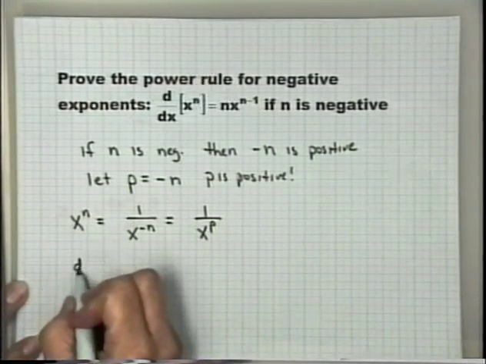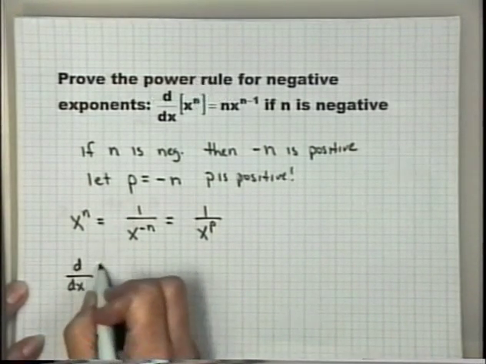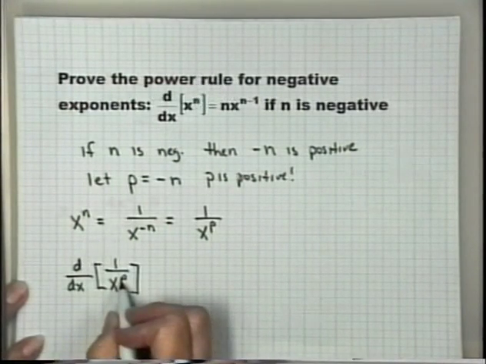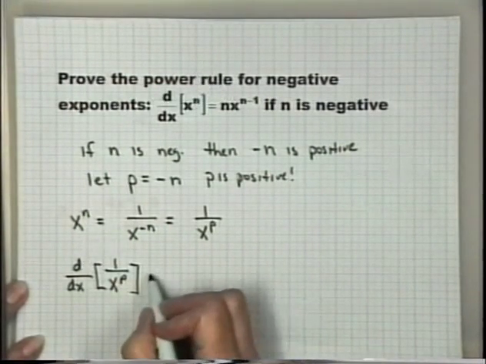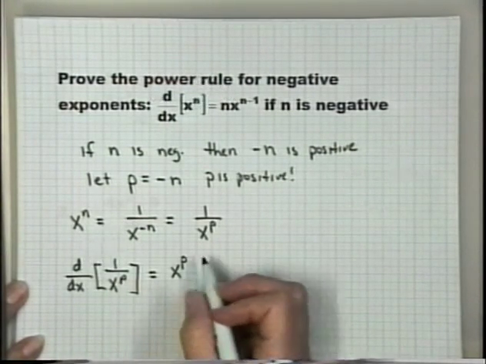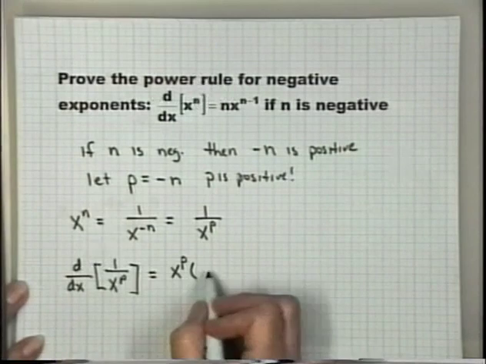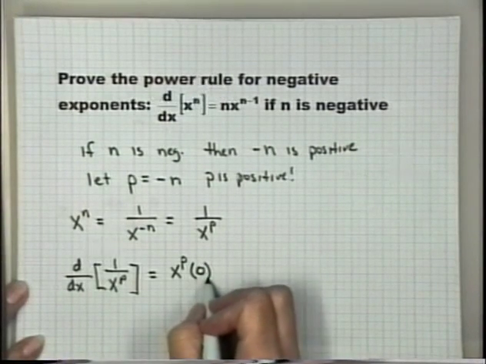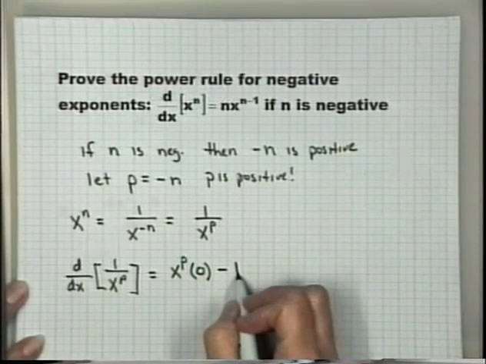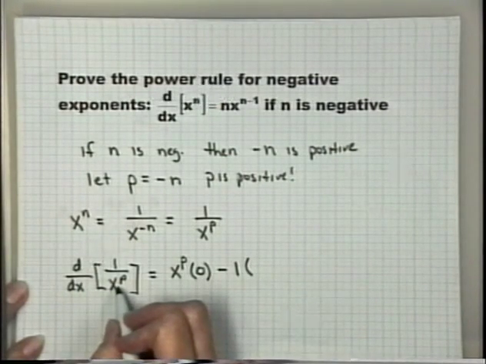If I want the derivative with respect to x of 1 over x to the p, remember this is positive, I'm going to use my quotient rule. Denominator, x to the p, times the derivative of the numerator, well, the derivative of 1 is 0, minus the numerator 1 times the derivative of the denominator.